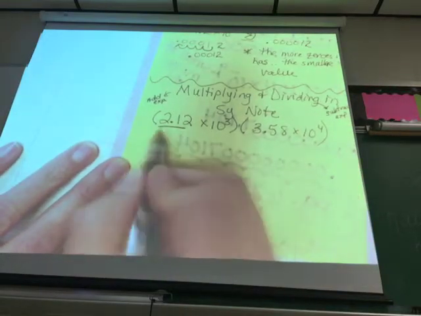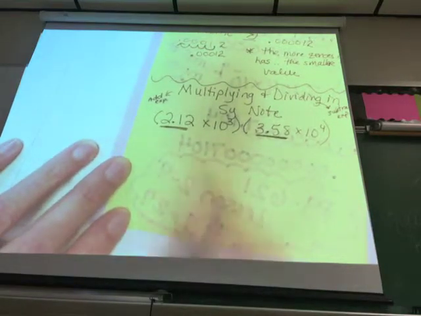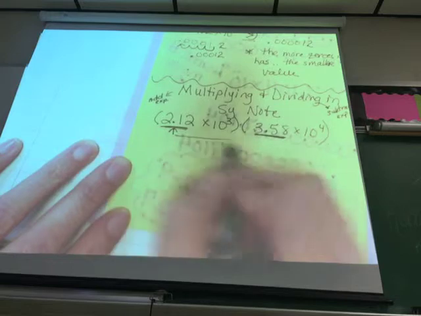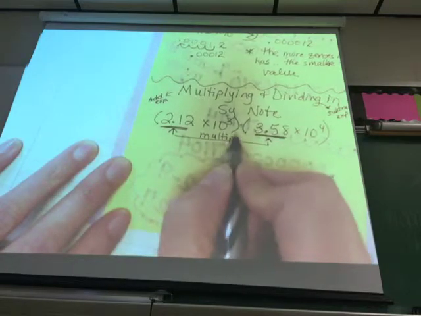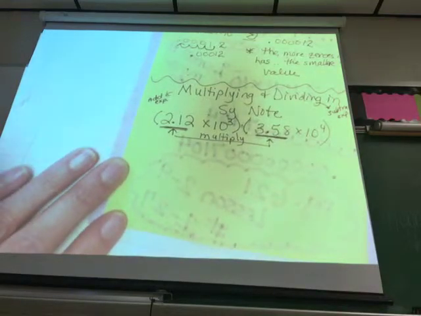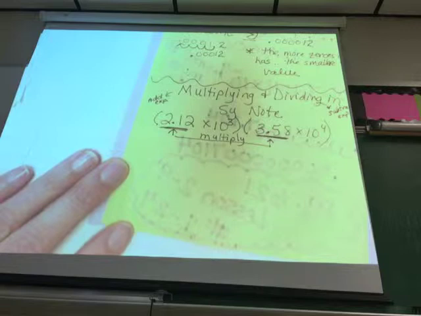So here's what we do. We go ahead and multiply our first numbers. I'm just going to draw little arrows and say multiply, and you can put that in your notes so you know what to do. In your calculators or in your brain, multiply 2.12 times 3.58.